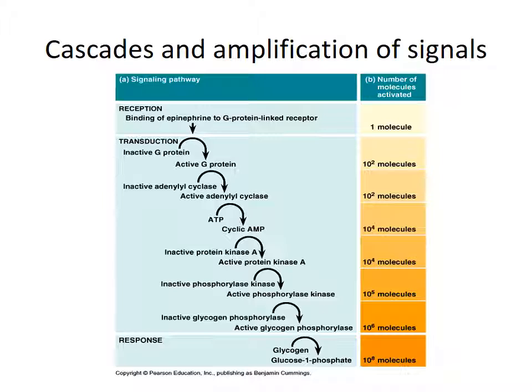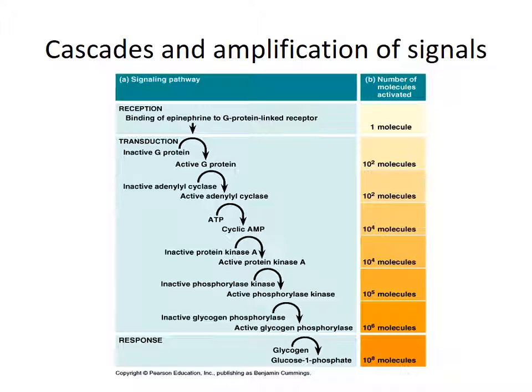And in the response, we're at close to 1,000,000,000 molecules. So this is an amazingly quick and rapid response, and that's the whole point about this process: this amplification of the signal. You only need a small amount of the ligand or the signal molecule to create a massive, massive response.